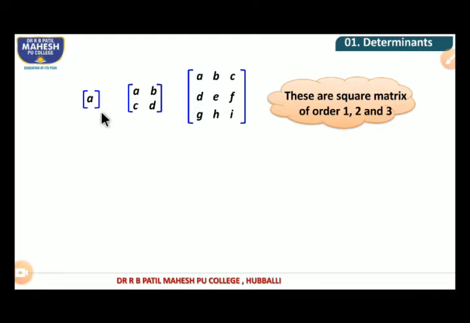Whenever there is a square matrix, we can take the order as 1 by 1. Instead of 1 by 1, we say it is of order 1.